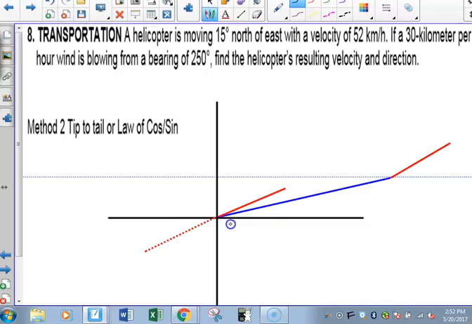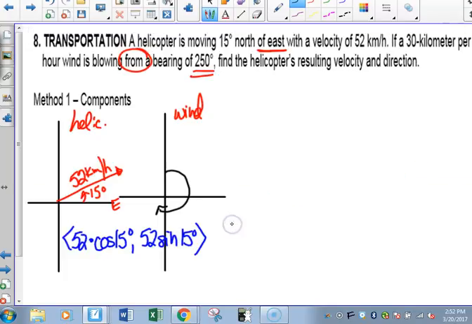For this question, if the wind is blowing from a bearing of 250, Mr. Wind is over here, okay? He's blowing this way. So, while the 250 goes all the way around to there, he's actually blowing the aircraft back into this quadrant. All right, so if 250 went around to here, guys, can you tell me either side of that blue line?